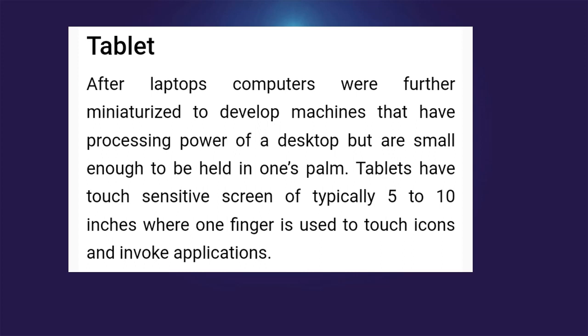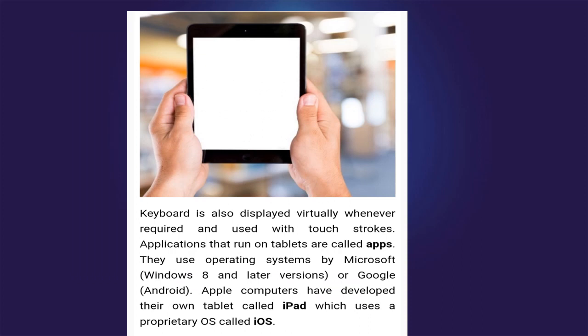Tablets have a touch-sensitive screen of typically 5 to 10 inches where one finger is used to touch icons and invoke applications. You can see the image of a tab here. Keyboard is also displayed virtually whenever required and used with touch strokes.